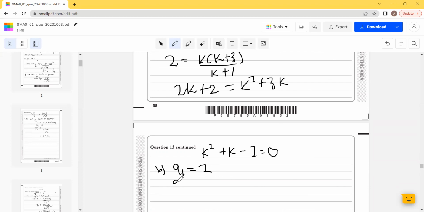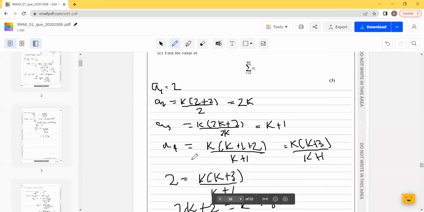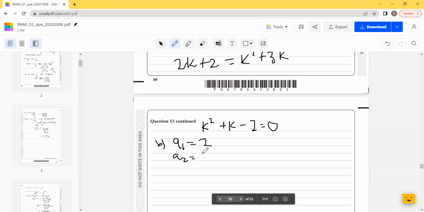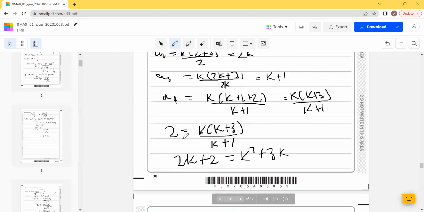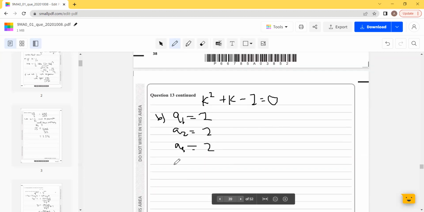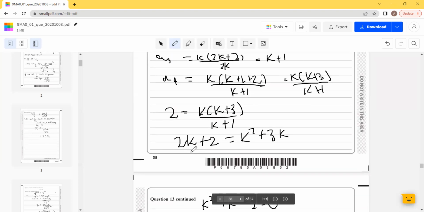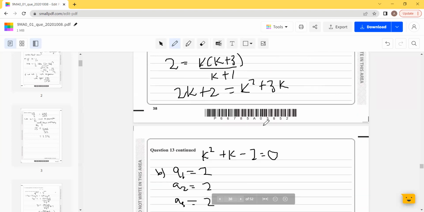Then a2 would be 2. a3 would be equal to 2. And a4 would also be equal to 2 as well.